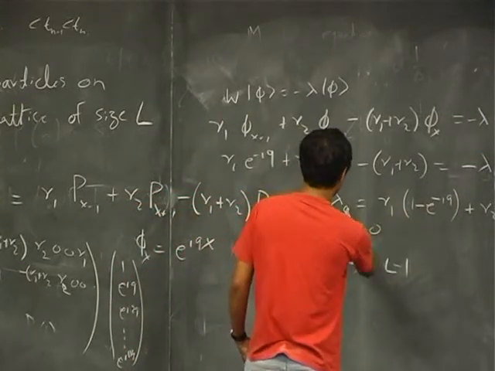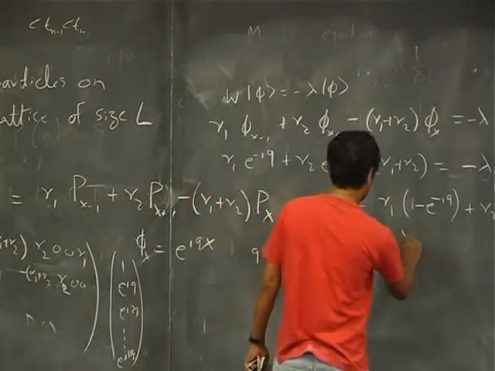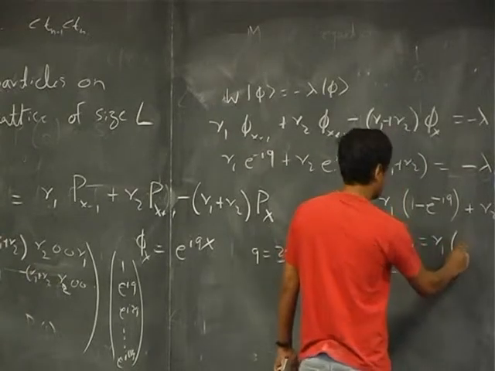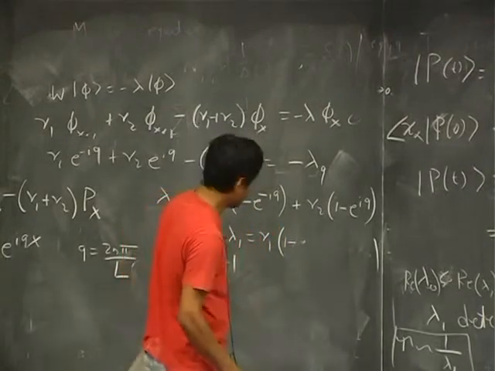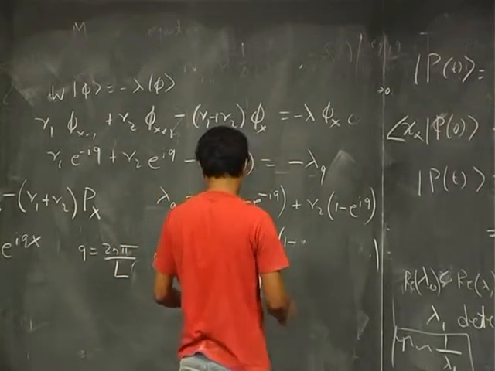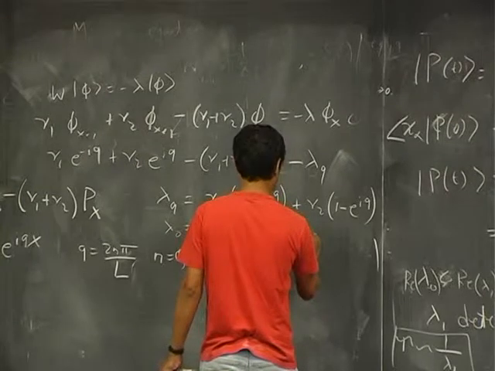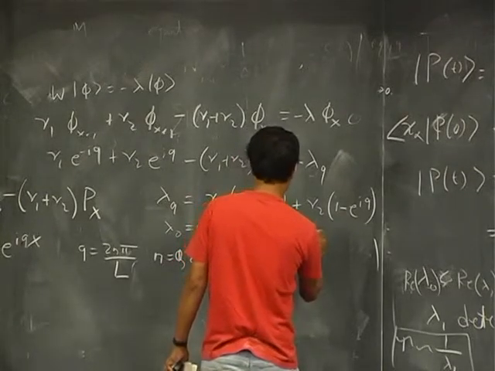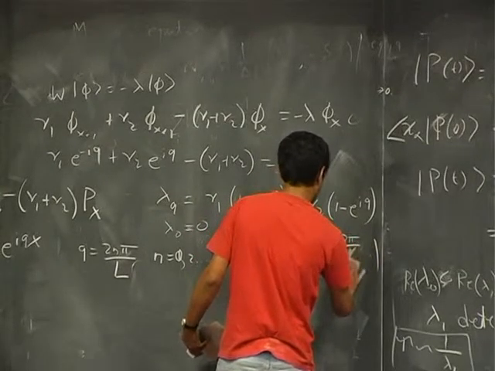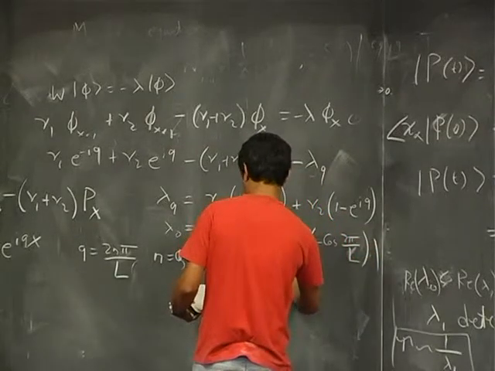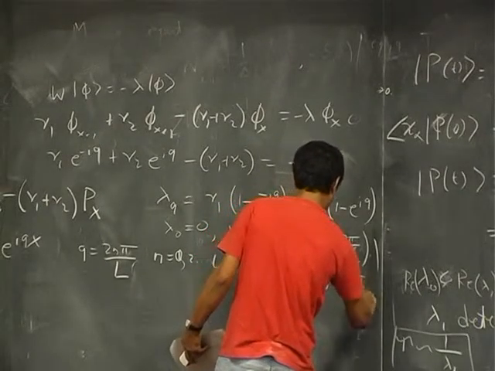In particular, lambda 1, the first eigenvalue, is kind of important, so let's write it out.